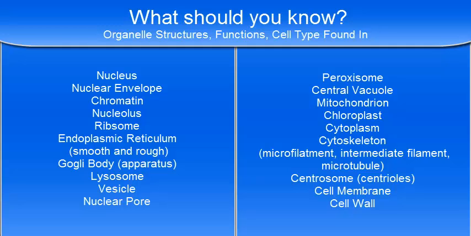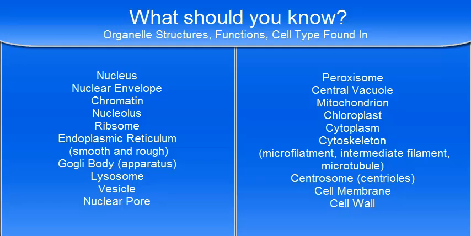You'll need to know that central vacuoles are found only in plant cells. Sorry, I forgot to mention lysosomes are found only in animal cells. The central vacuole holds water, controls the turgor pressure, helps the cell maintain its shape, and it also helps digest material in plant cells. You have mitochondria, which produce the energy, or ATP, for cells.